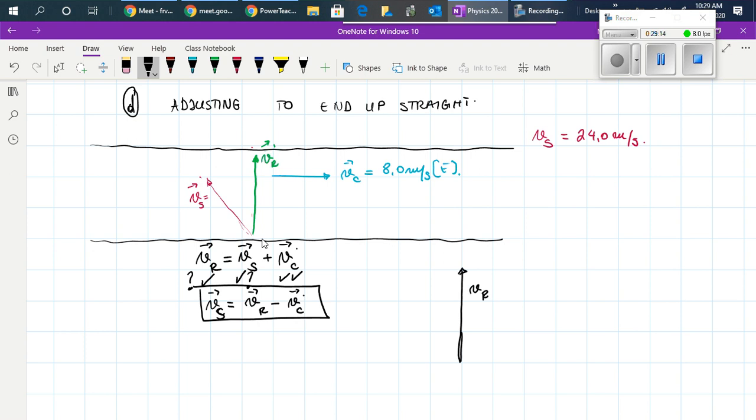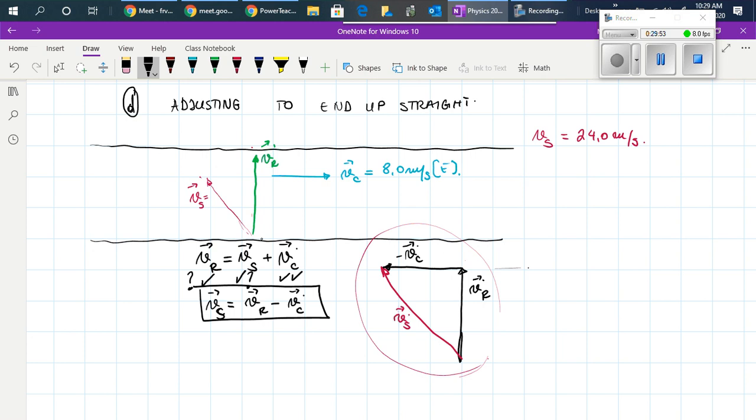If we were going with the velocity of the current, then we will go in the east direction. Since we have negative velocity of the current, we will go in the opposite direction. So this is where the swimmer should head in order to end up straight across.